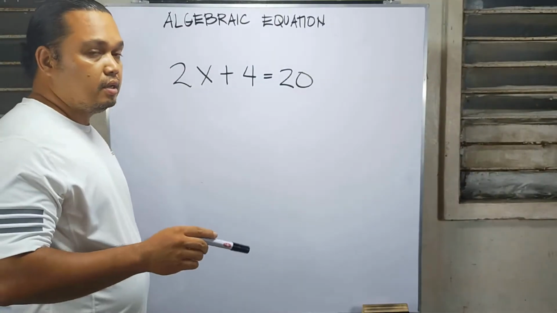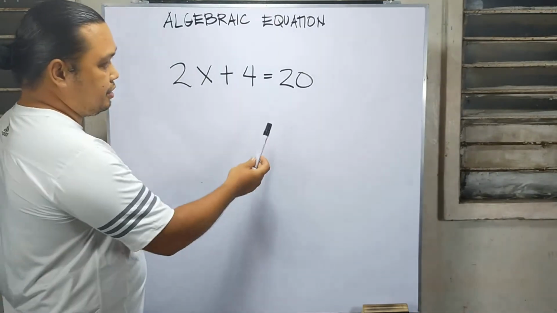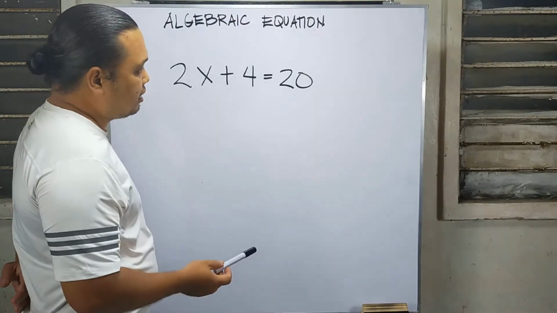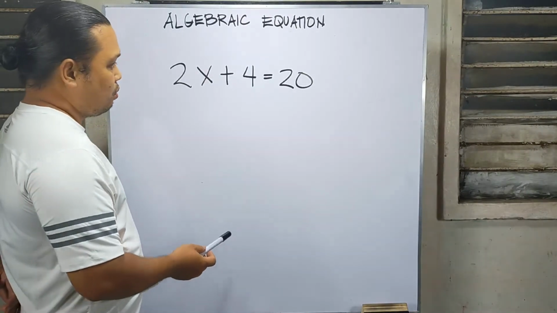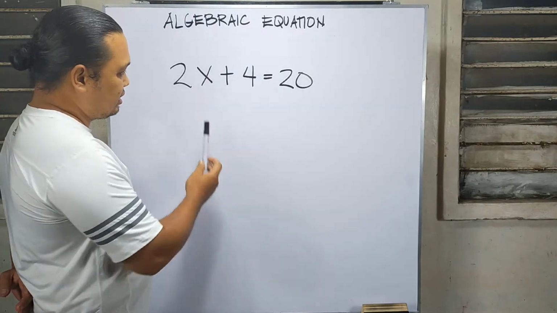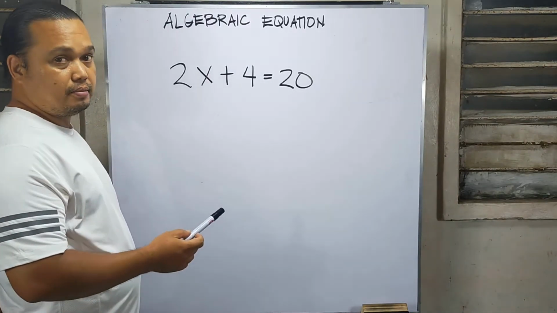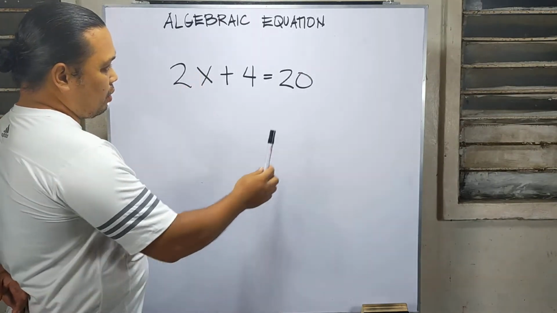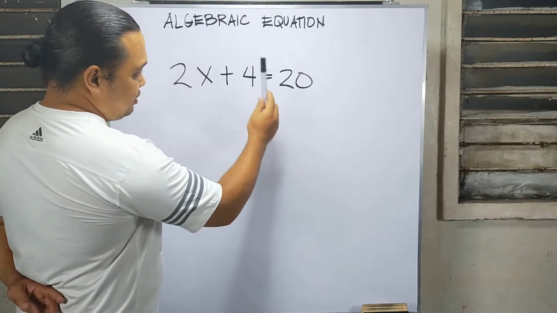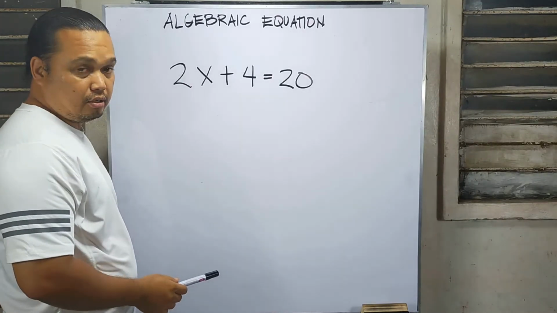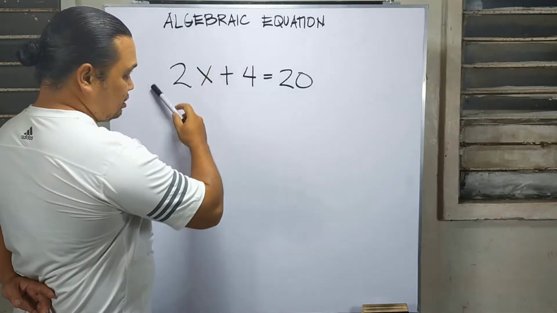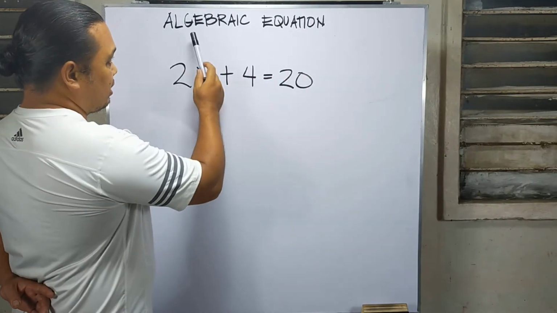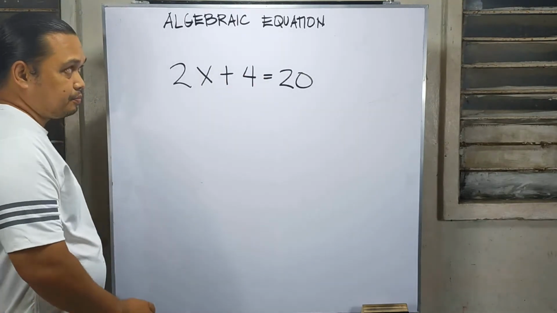Now 4 here is our constant, while x is our variable. 2x is our numerical expression, while 20 here is our answer. And the whole of this is our algebraic equation.